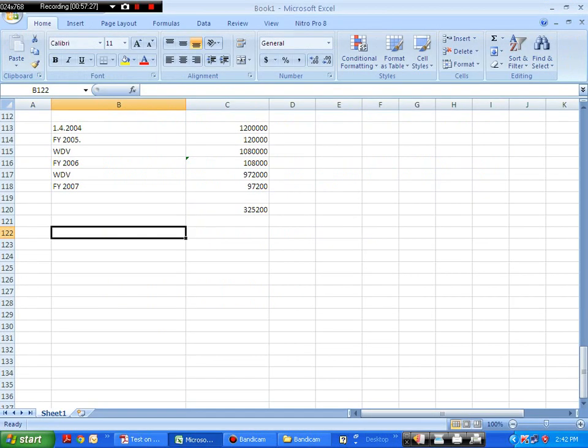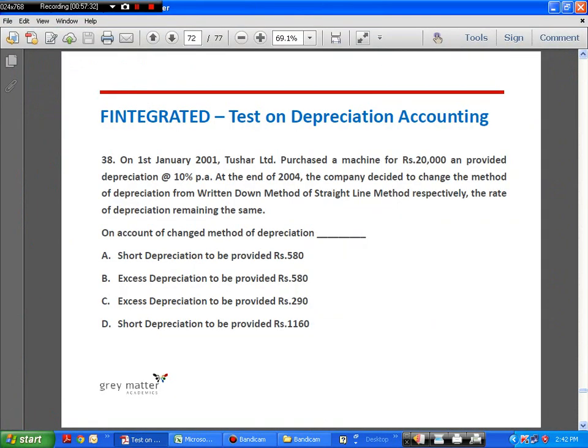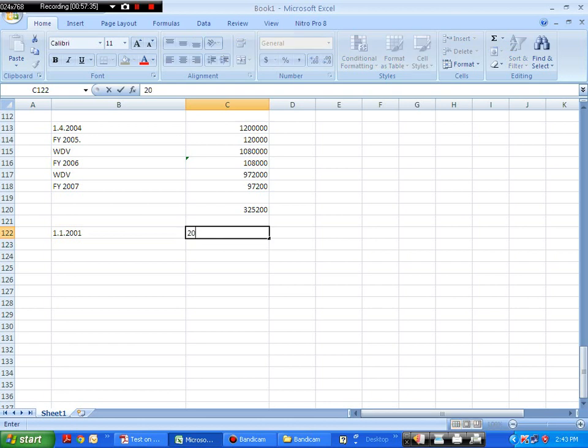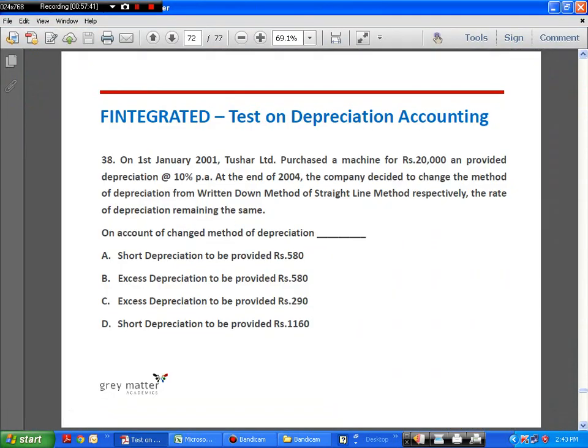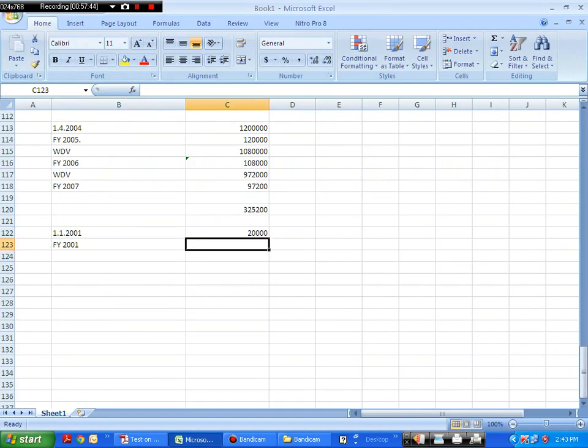So on 1/1/2001 an asset has been purchased for 20,000 rupees. For FY 2001, it is the calendar year, so depreciation is 2,000 under the WDV method.